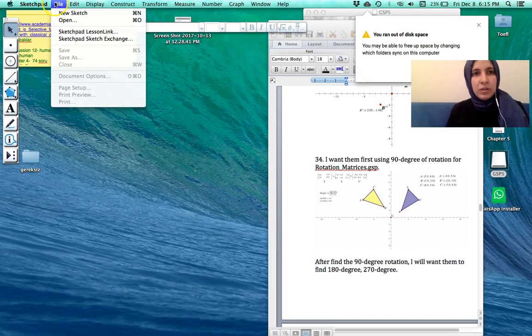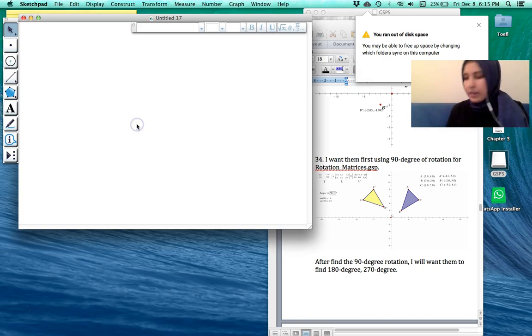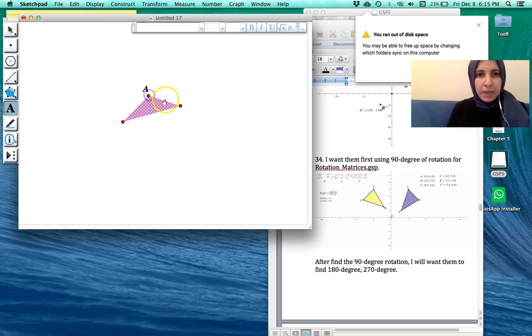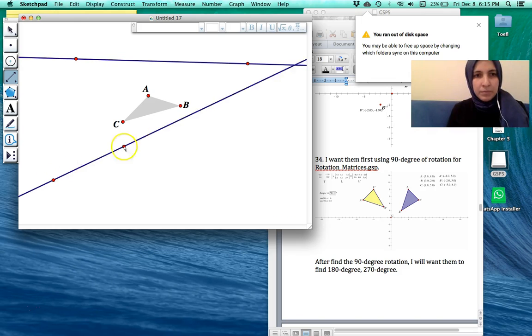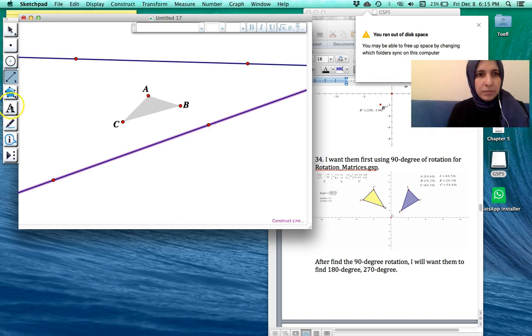let's open a new file, and then it wants me to create a triangle and label it with A, B, C, and also make a line as DE, label DE and FG.